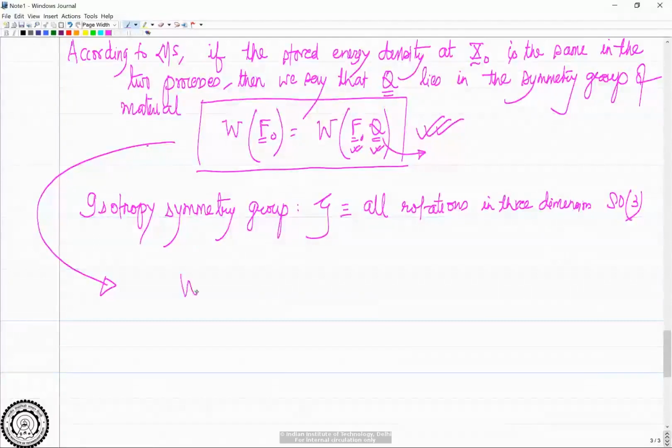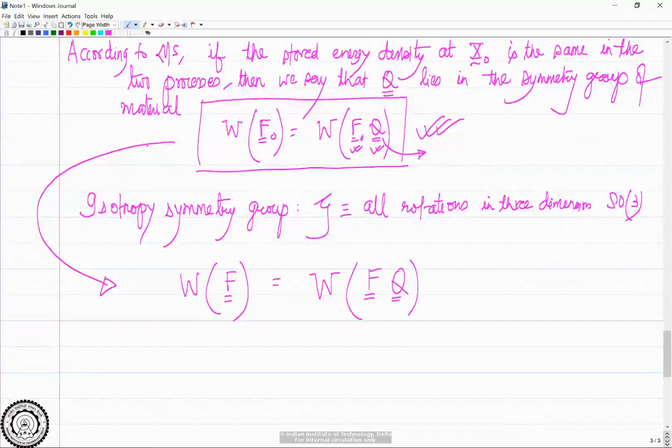So our statement is that W of F is equal to W of FQ. So let me take the derivative with respect to F_ij, for example.